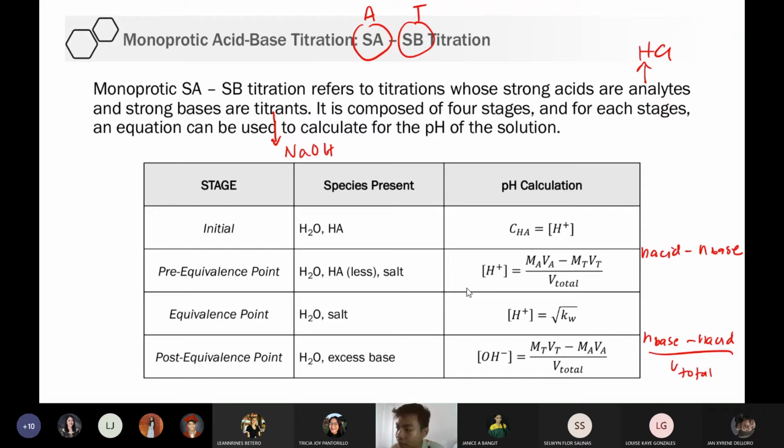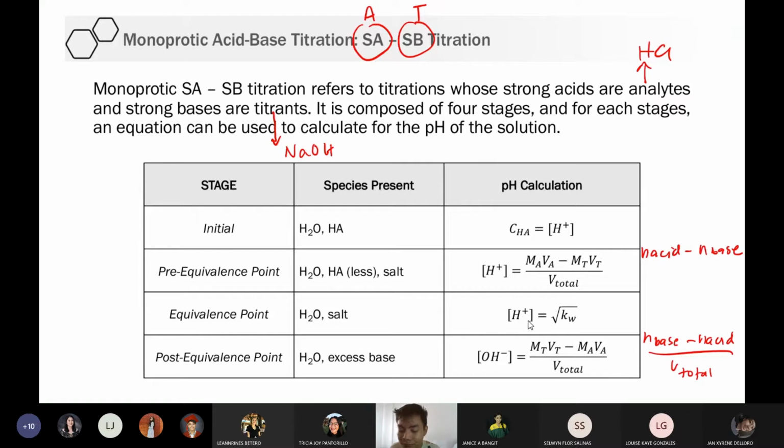Makukuha mo ng pH. Then at equivalence point, we assume that all acids have been reacted with base completely. So wala na tayong natirang acid. Salt na lang, pati tubig. So of the two species, sino yung magko-contribute sa pH ng solution? Yung water. And the pH of water is 7 when it is neutral. Diba?